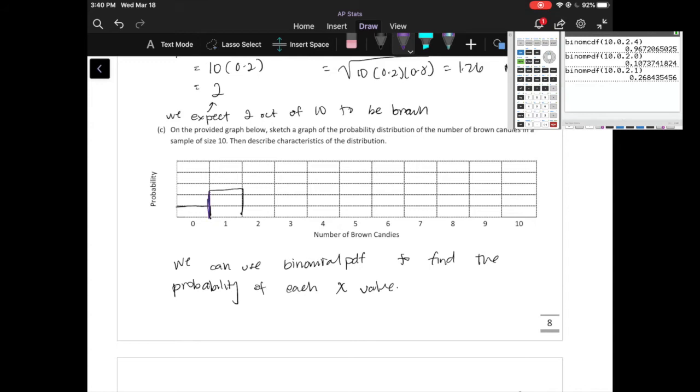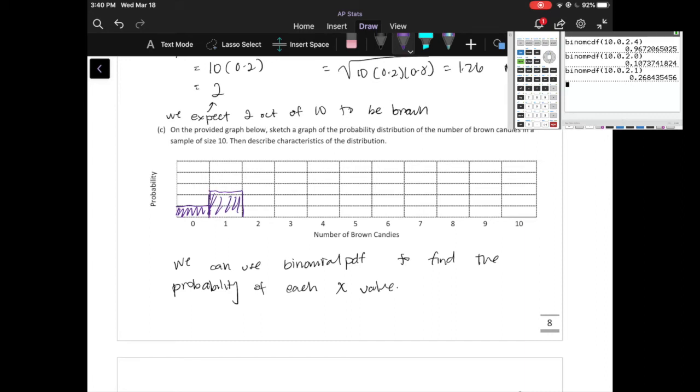And let me do this in a different color so that y'all can see this better. So 10 percent, 25% or 26% for 1.